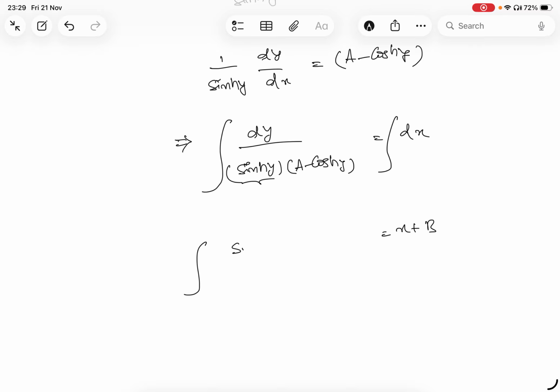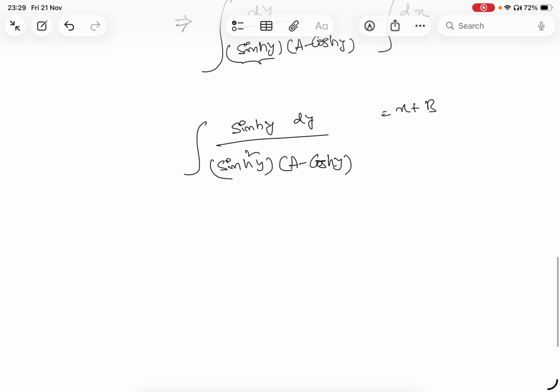So let's multiply by sinh y: dy sinh y over sinh²y into (a minus cosh y).